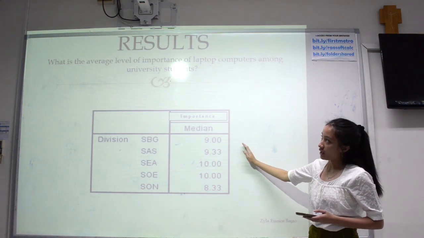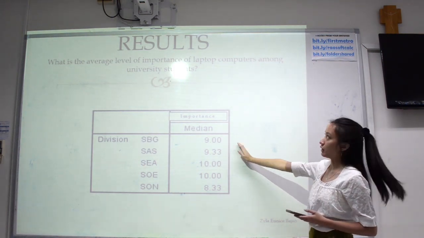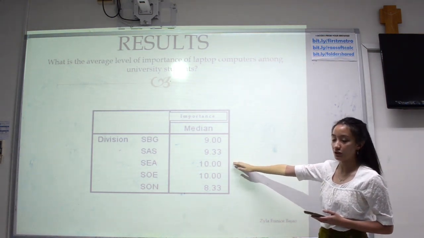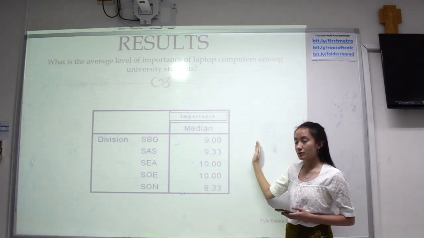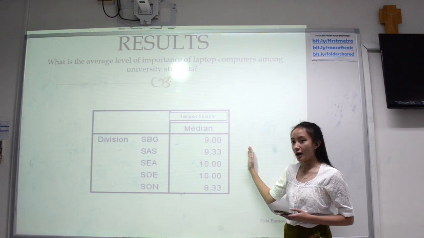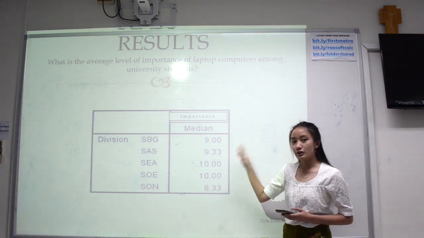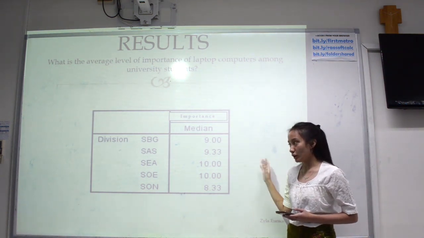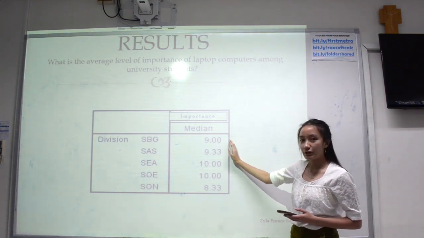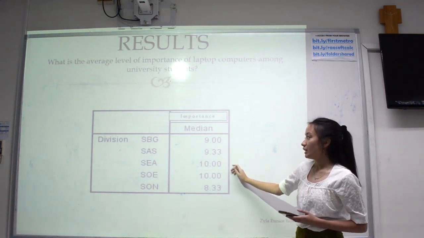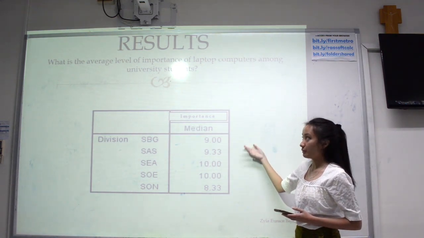This is the average level of the importance of laptop computers among the university students. We use the median because this refers to the rank, to the mostly important or not important at all. As you can see, these have different results from the average level.